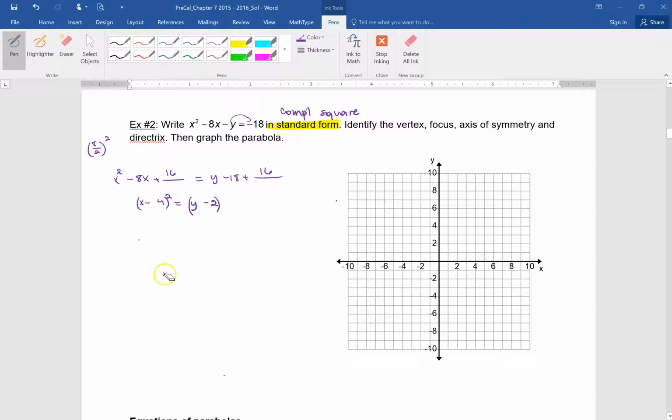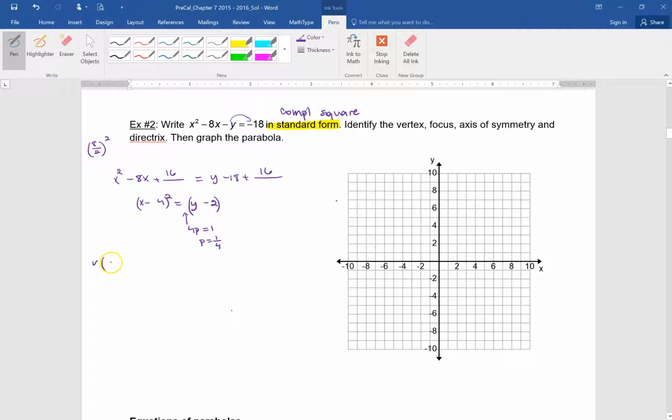Now, I have an x squared here. So is my parabola going to open vertically or horizontally? Vertically. What is the number in front of the parentheses here? 1. So from there, I get that 4p is equal to 1. So what's p? It's 1 over 4. Okay? Now, let's figure out what the vertex is.